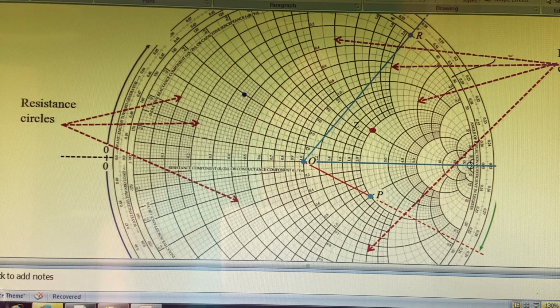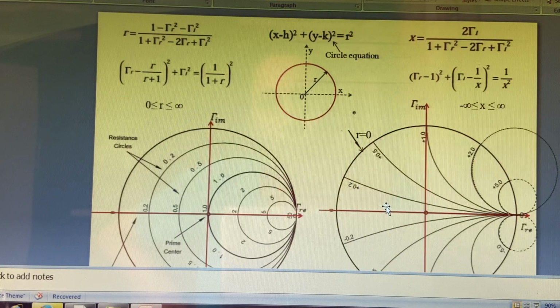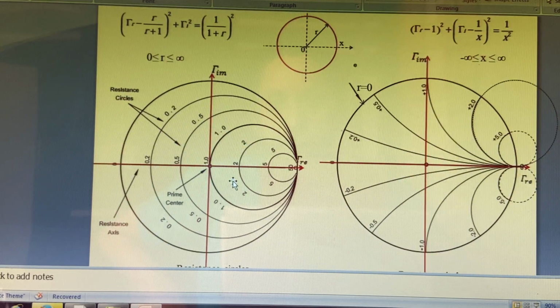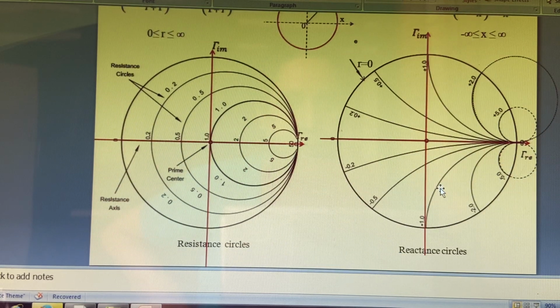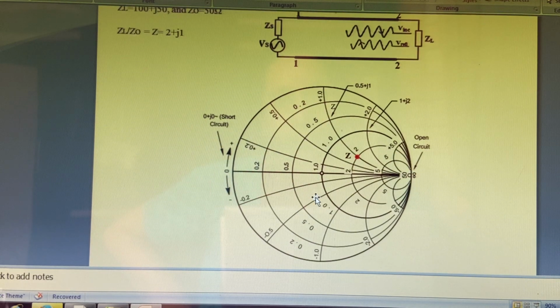So this is about the impedance chart. It is an overlapping of two circles, resistance circles and reactance circles. Overlapping of those two gives rise to the impedance chart. The values of reactances are written outside the circles, on the periphery of the outermost circle.